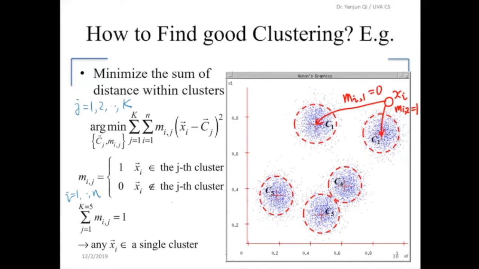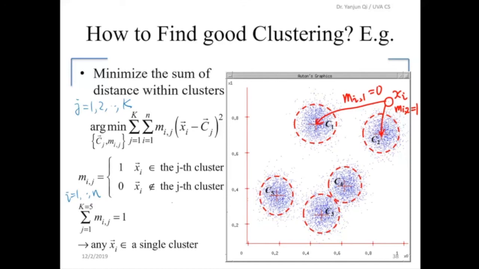Now we're coming back to what we started with from the beginning. Every machine learning method can be written as a loss function, and we are minimizing a loss function. We are minimizing within cluster distance in this case. But our unknown parameters are much more complicated.